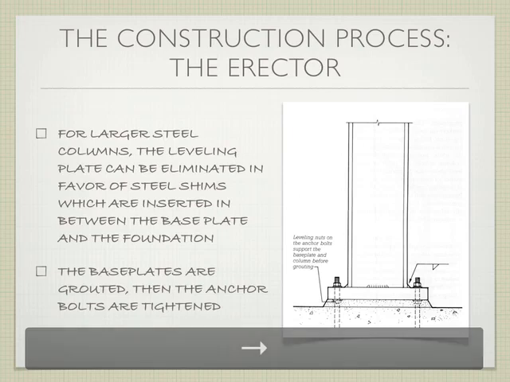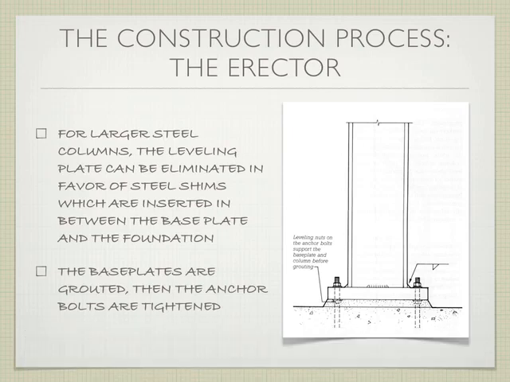If we have a larger steel column where the leveling plate just isn't quite good enough, we can eliminate it altogether, and instead, when we put the column down over the anchor bolts that are coming up through, we can put a series of steel shims or nuts underneath that will help us to level and plumb this. You guys see the inherent challenge in this?